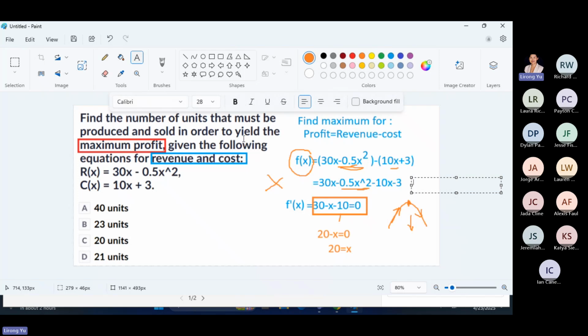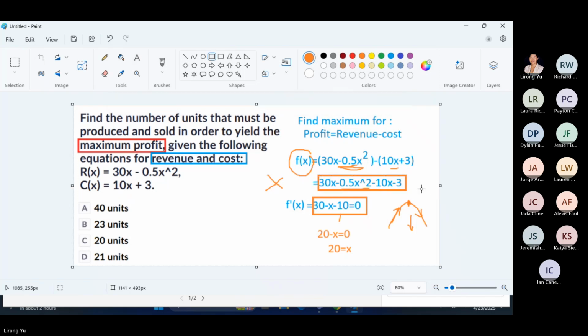You can also, if you want to, graph the entire function. And then you see that it's actually a degree 2 equation because the 30x can be combined with negative 10x. If you write it into the ABC form, it's negative 0.5 x squared plus 20x and then minus 3.